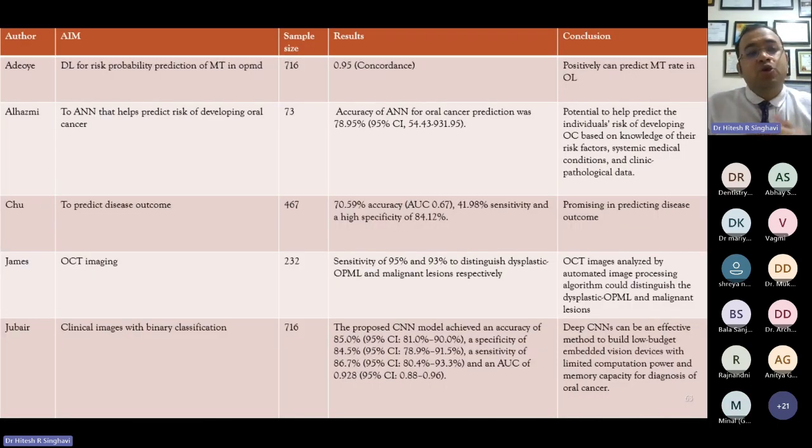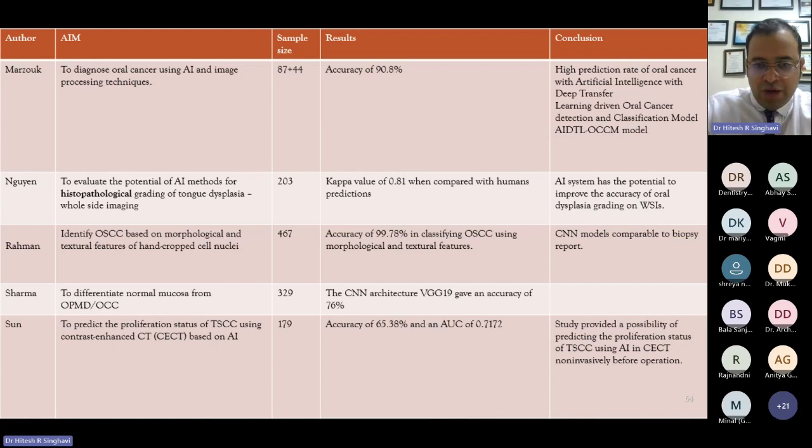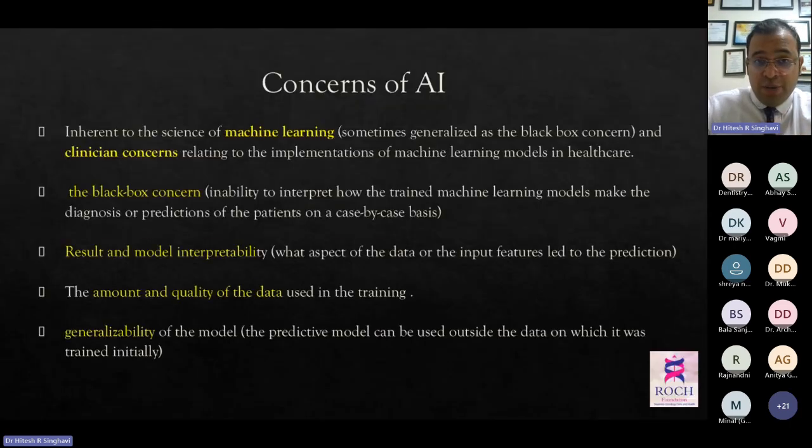So there is a lot of evidence on imaging, histopathological diagnosis, even radiotherapy. Now you have seen the entire spectrum of where we already have evidence on AI, and also where we do not, that is in surgery and also in radiology. As far as oral cancer is concerned, there is little evidence.